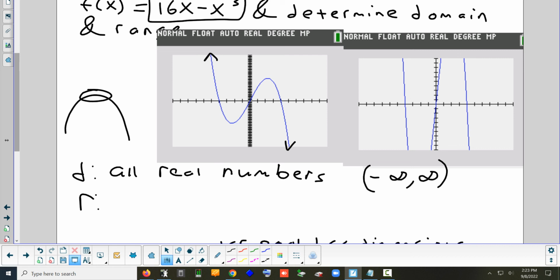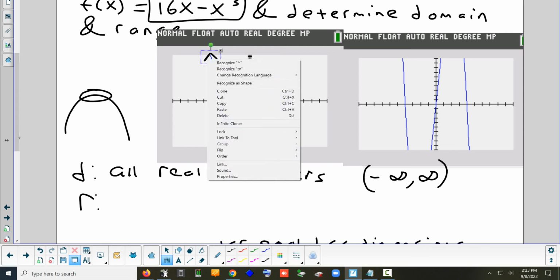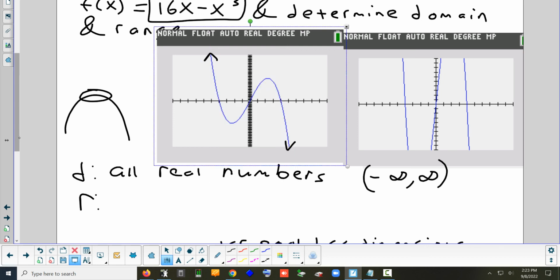The range here is also all real numbers because it never stops going up and it never stops going down. So the range is all real numbers.